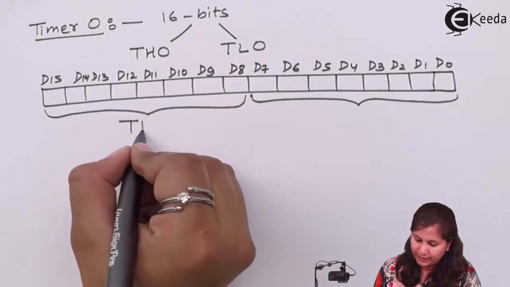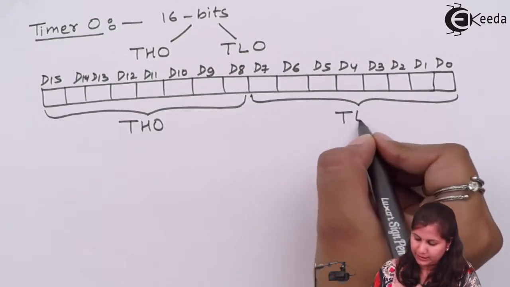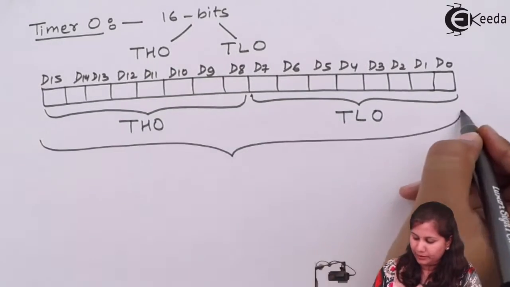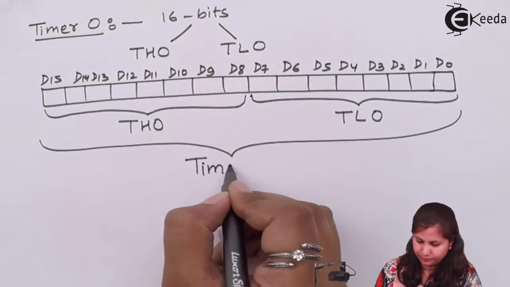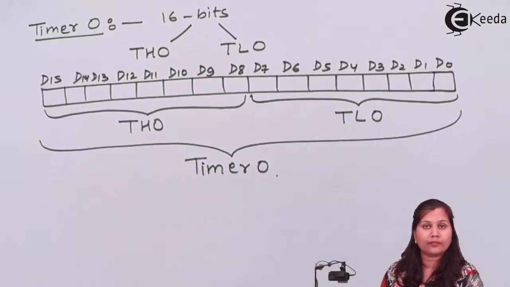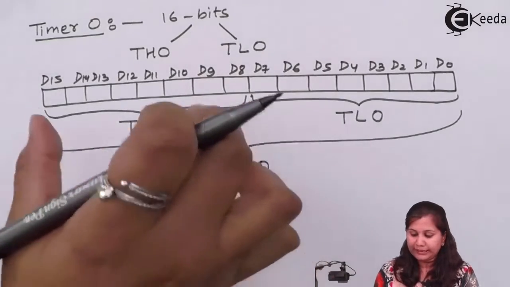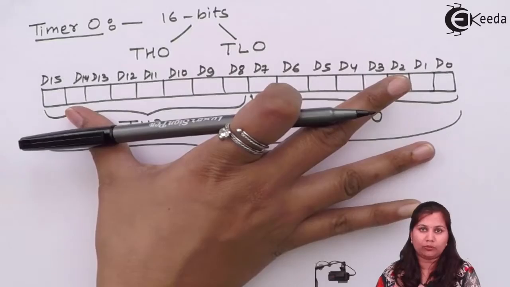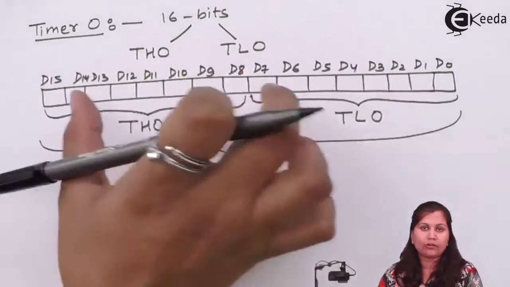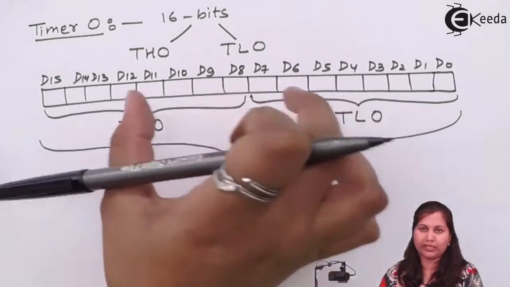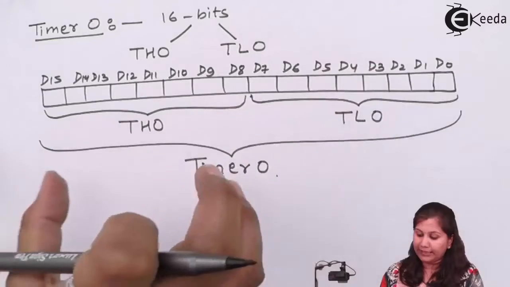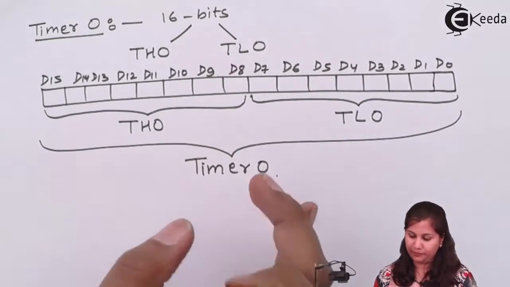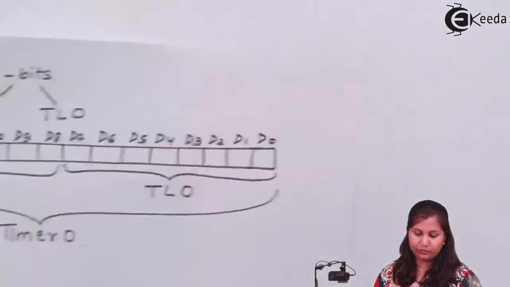So this is TH0 and this is TL0, and complete is timer 0. So we can load an 8-bit count value also, and we can load a total 16-bit count also. Separately they can be accessed as two 8-bit registers, and collectively also we can access it as a 16-bit register.